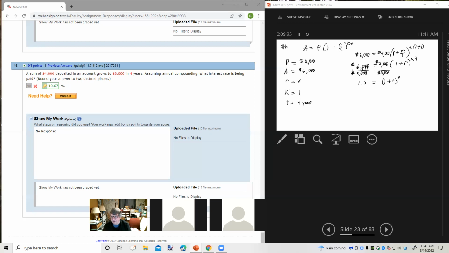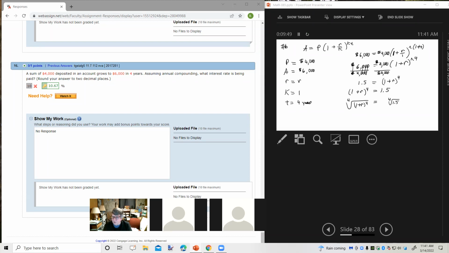Now, I need to get R by itself, so I'm going to take the 4th root of both sides. Actually, I'm going to switch sides here, just because I like to have the variable on the left. So now I'm going to take the 4th root of that and the 4th root of that.